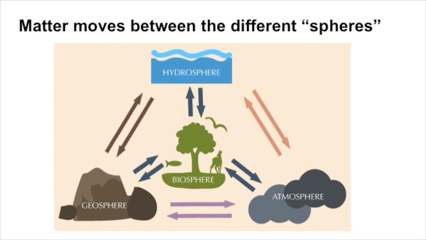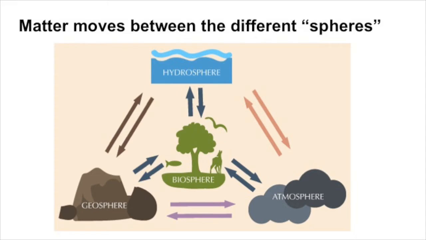The geosphere, which includes all of the rocks and minerals and soil, etc., that make up our planet. And finally, the biosphere. And just from that word, you should know what that sphere includes, right? Biosphere, living things. So the biosphere includes all of the living things that live on our planet.